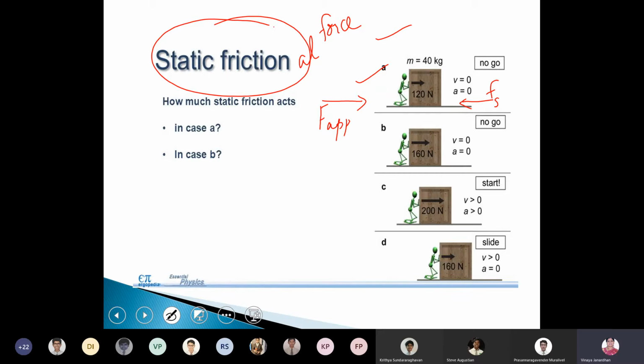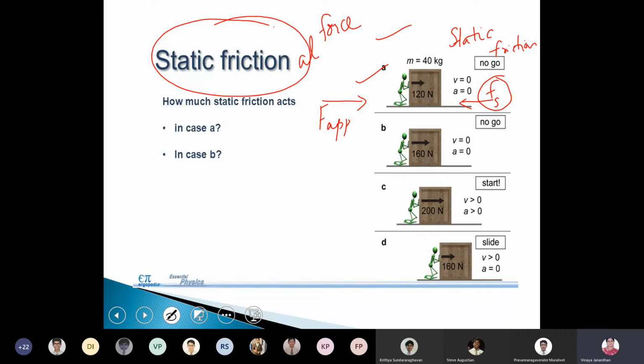So the moment you apply a force, immediately a frictional force will be generated, which will act in the opposite direction. Now this frictional force will not allow the block to move. That is what is seen in scenario 1. And this frictional force, we call it static friction, because it stops the motion of the body.